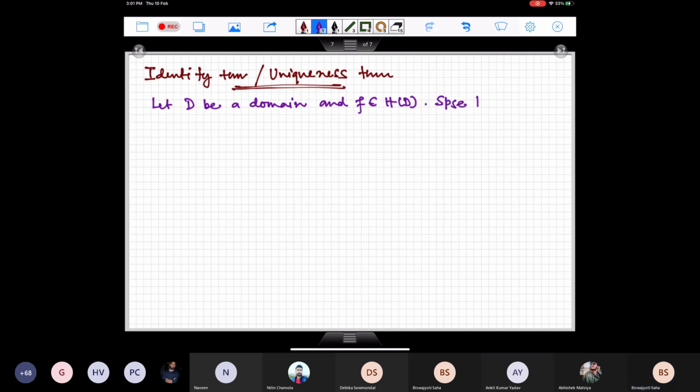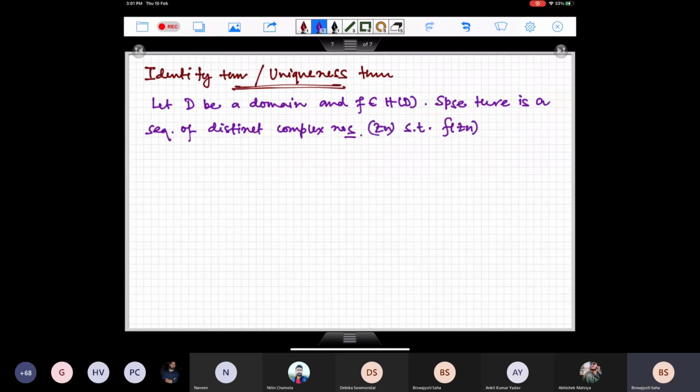Suppose there is a sequence of distinct complex numbers z_n such that f of z_n is equal to 0, and this sequence of z_n converges to a point z0 for some z0 in D, then f must be identically 0.